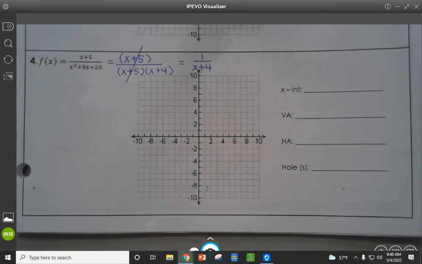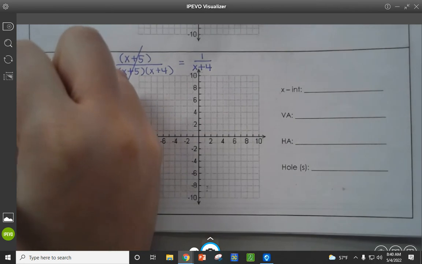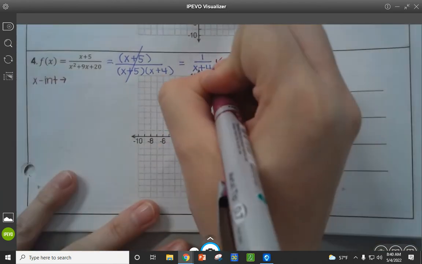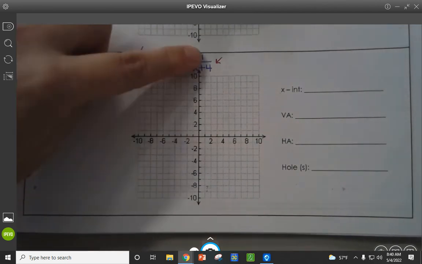Now the first thing that we did was X-intercepts. And when we're looking at the X-intercepts, we're looking at the simplified version. This one right here. And what I showed you on the last problem was to set the numerator equal to 0.